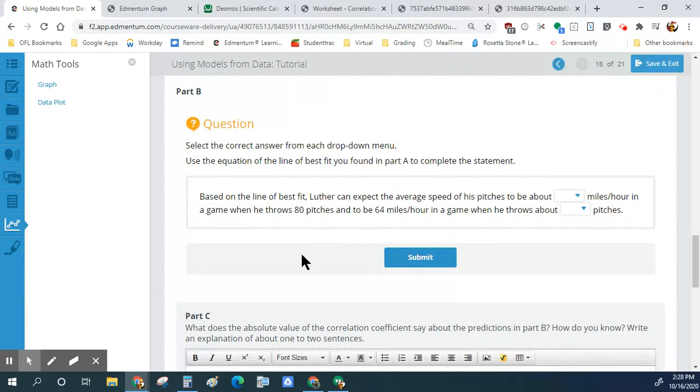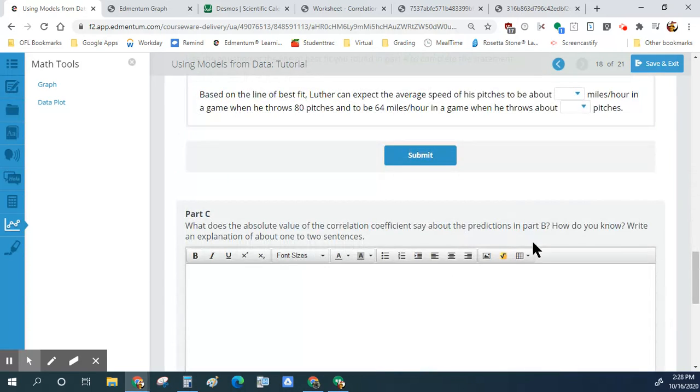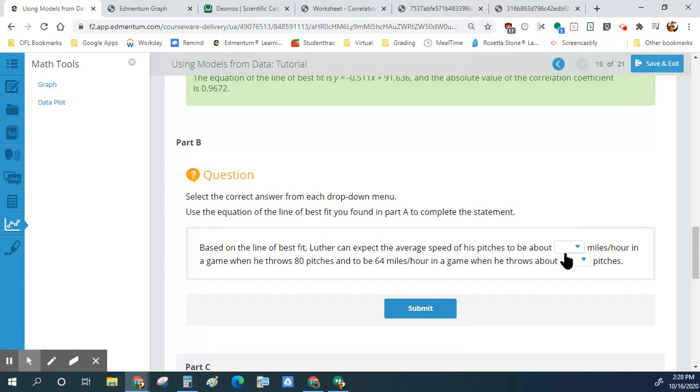Next thing we're going to do here is, based on the line of best fit, can we expect the speed? So we're looking for the speed if he throws 80 pitches. You can expect the average rate to be about... So we're basically looking at the slope, miles per hour.